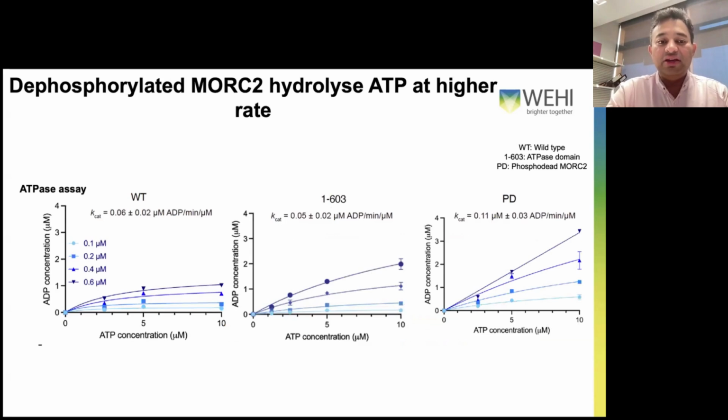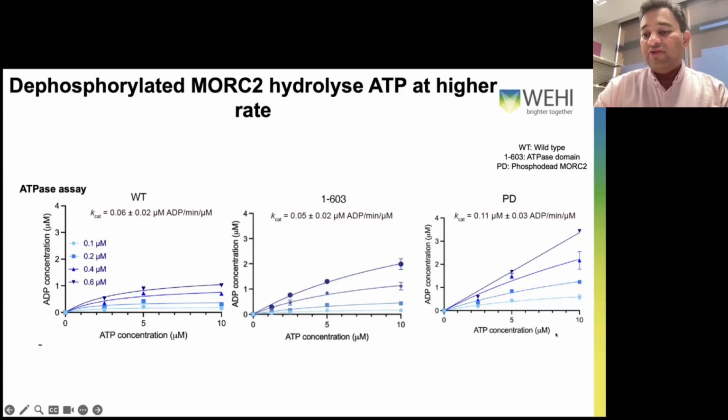So first, we did an ATPase assay where we had the wild type MORC2, which is already coming phosphorylated, and show that yes, it hydrolyzes ATP, and the hydrolysis of ATP between the wild type as compared just to the ATPase domain, which is shown here in the middle as 1 to 603, the kcat value is very similar.